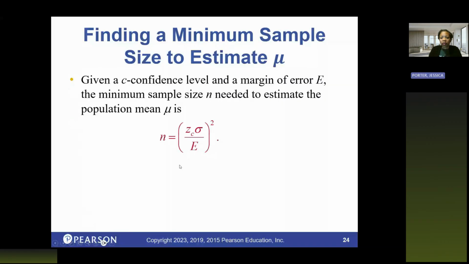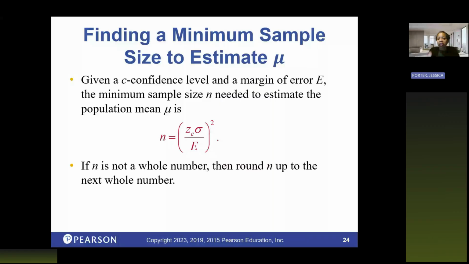So notice we just worked backwards to figure out what n is going to be. So given a confidence level and a margin of error, we can come up with the minimum sample size n needed to estimate the population mean. So if n is not a whole number, then round n up to the next whole number.